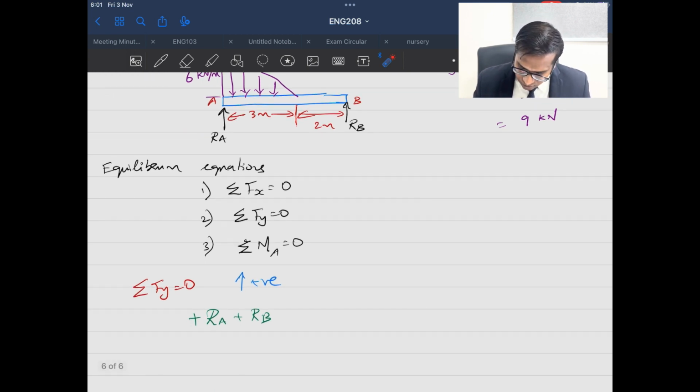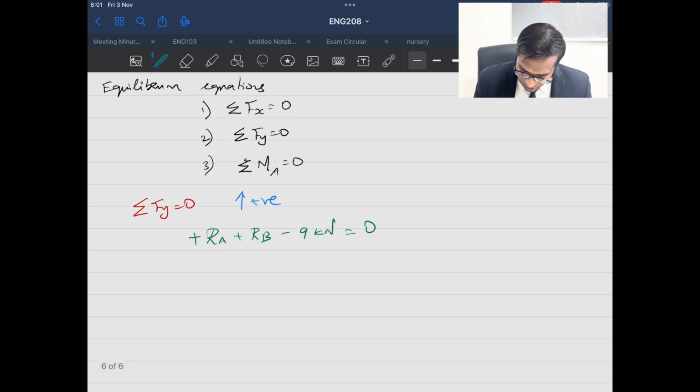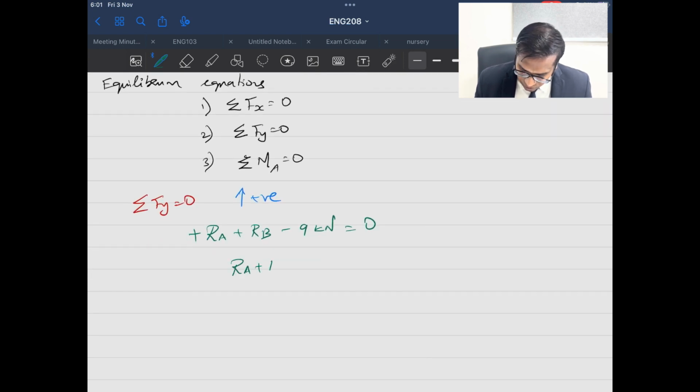I give it a negative sign because it is acting downwards, and I took upward as positive. So now RA plus RB is equal to 9 kilonewton. This will be my equation 1.